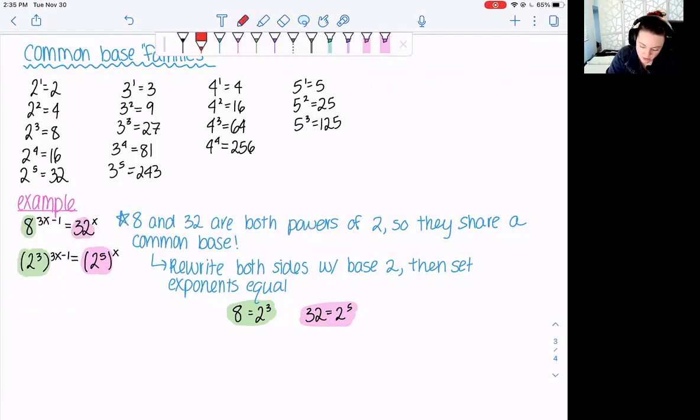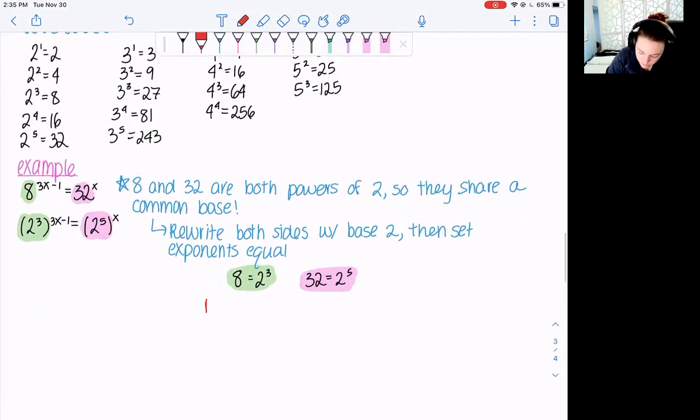Next thing, we need to remember an exponent rule. If you have x to the a raised to the b, this is where you multiply those exponents together, all right? So over here, we have 3 multiplied by 3x minus 1.